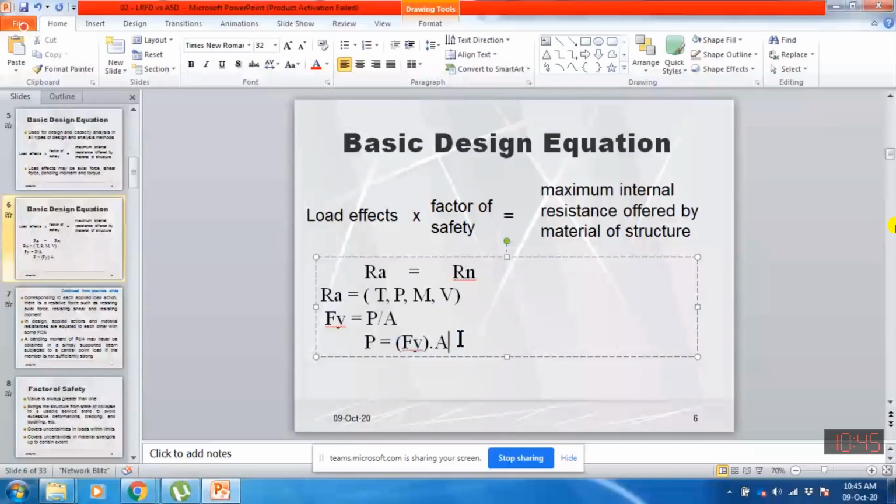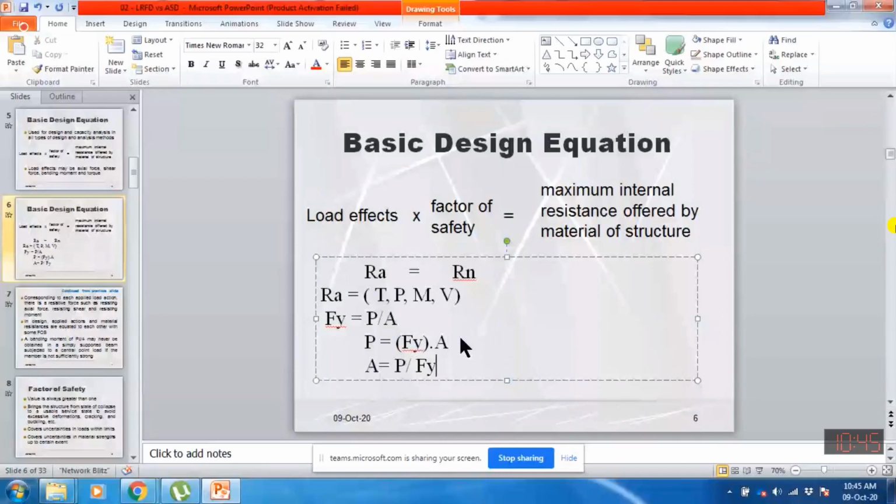So from this side, if I want to compute the area, area is equal to P over Fy, because I want to balance the equation. So P is given, material strength is given, unknown is area. Why am I selecting the area? I want to select a minimum geometric resistance in such a way that the above equation is balanced.